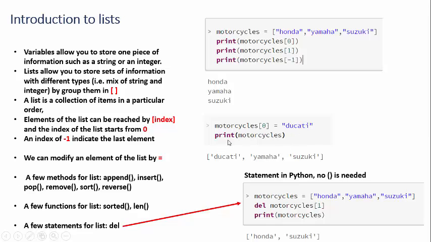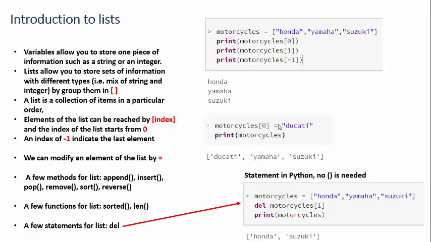So now if we print the motorcycles out, it becomes Ducati, Yamaha, and Suzuki. Honda was replaced because of this line right here. So we can modify any elements we want at any time by using the equal sign.